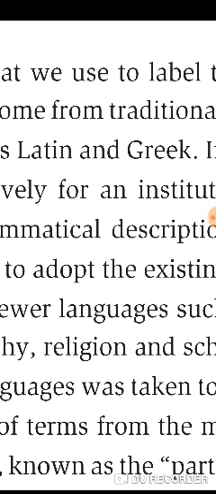So we see that when we want to talk about grammar, we actually talk about these two languages, okay? And it is under the influence of Latin and Greek grammar. Okay, now let us see what they did.